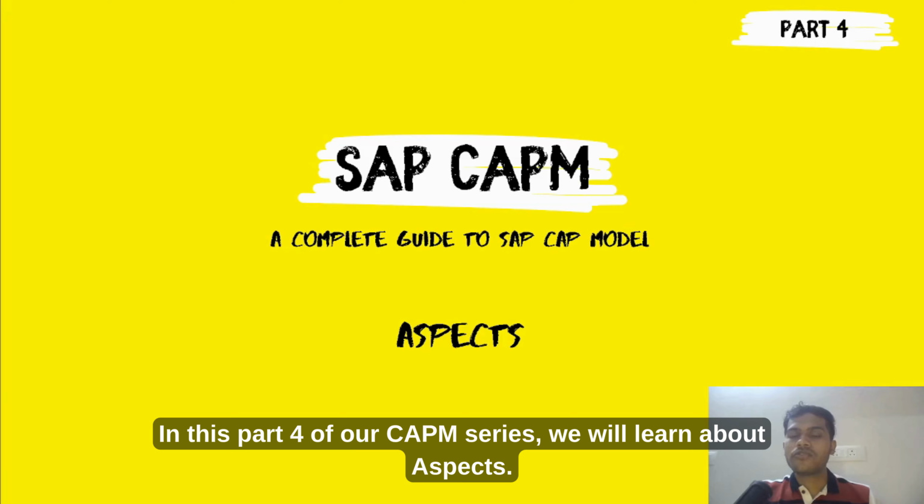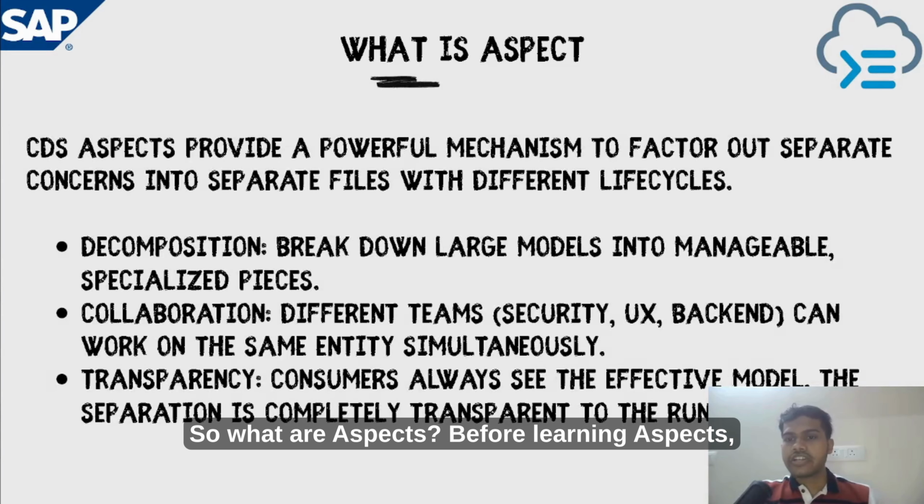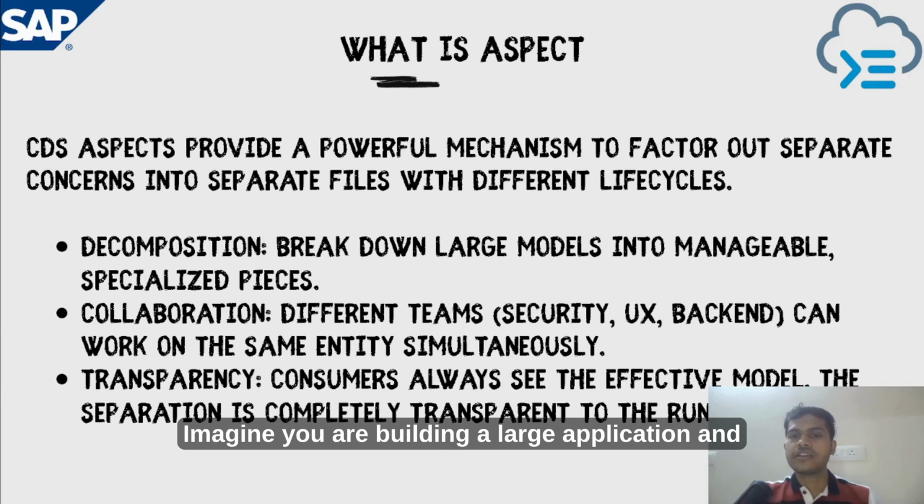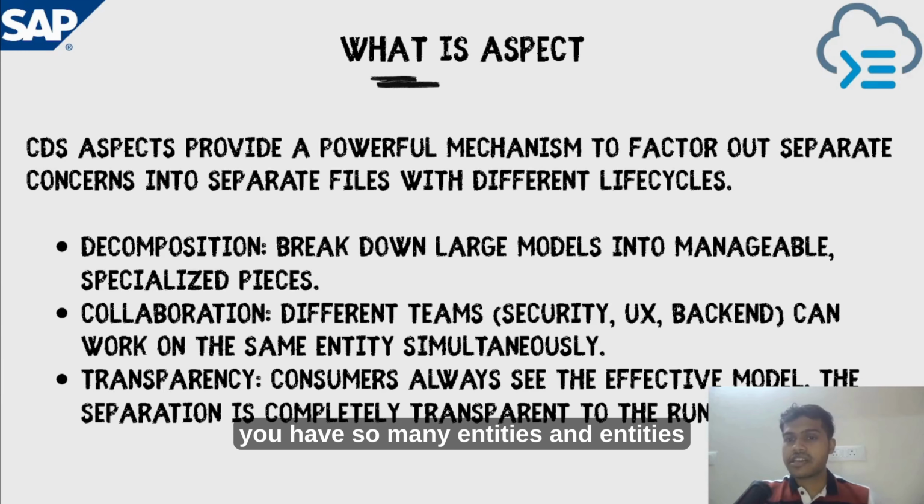In this part 4 of our CAPM series, we will learn about aspects. So, what are aspects? Before learning aspects, let's see what our current problem is and how aspects solve it. Imagine you are building a large application and you have so many entities, and those entities have so many fields in them.